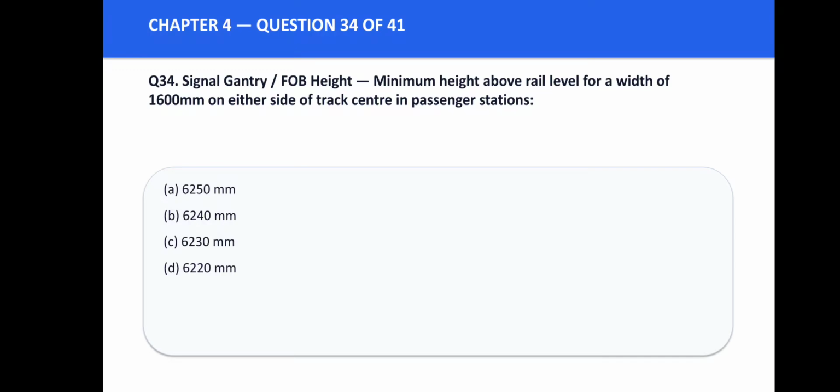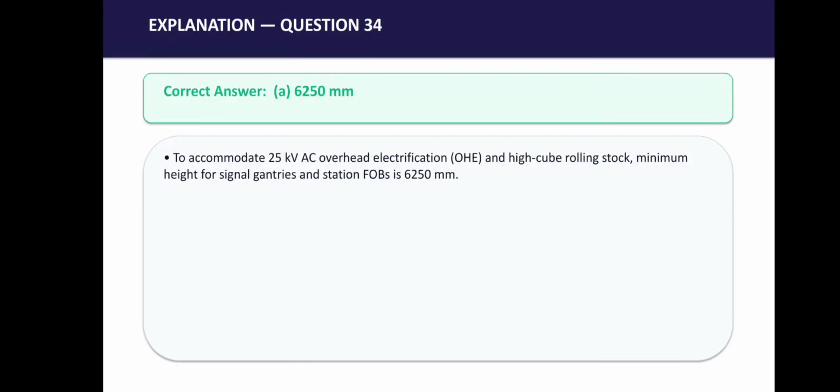Option D, 6220 mm. The correct answer is option A, 6250 mm. Explanation. To accommodate 25 kV AC overhead electrification and high cube rolling stock, the minimum height requirement for signal gantries and station foot overbridges is 6250 mm.